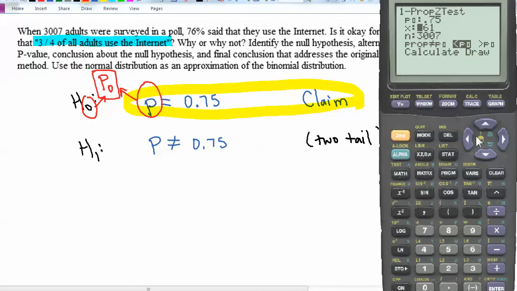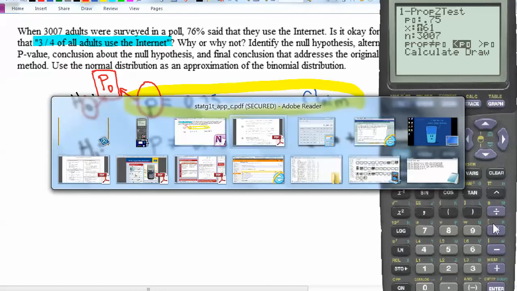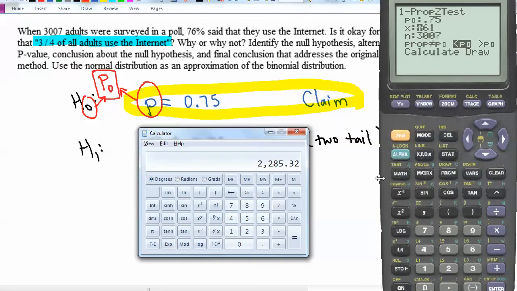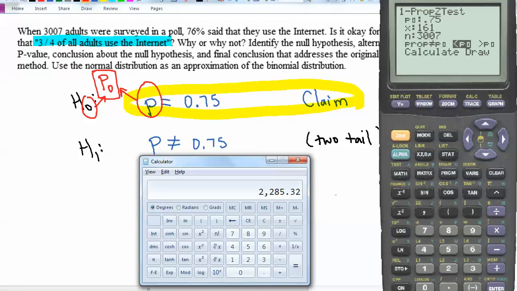But when we actually try to find out what x is by reversing the percentage, taking the decimal form and multiplying, we got 2,285. With such a large sample size, I bet I could actually go for this and see if it works out still.